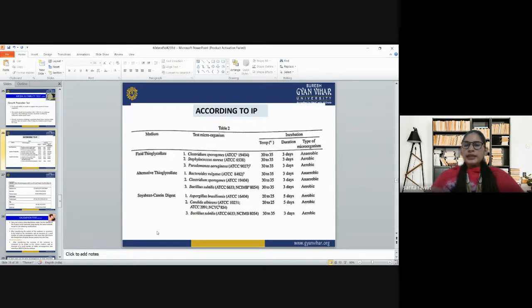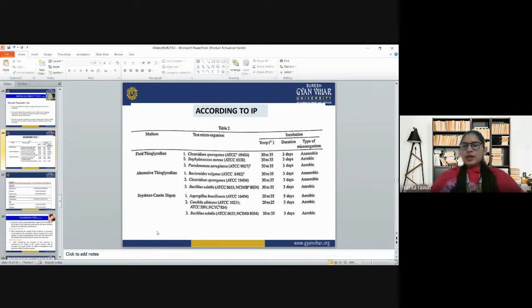Now, according to the IP, Indian Pharmacopoeia, media, test microorganisms and incubation. For fluid thioglycolate, we use Clostridium sporogenes as a test organism, at 30 to 35 degrees for 3 days, an anaerobic microorganism.